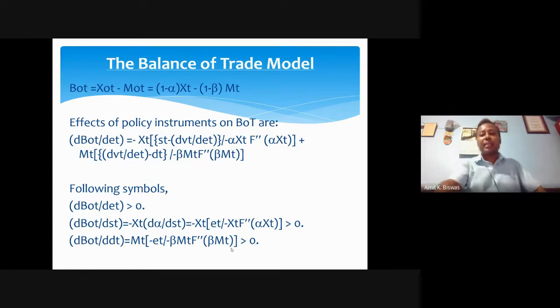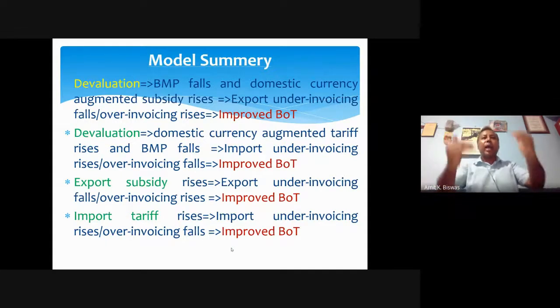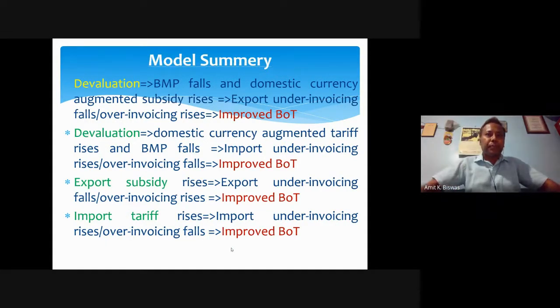So all three aspects. Let's now summarize the results that we have so far. First, devaluation takes place. Black market premium falls. Domestic currency augmented subsidy rises. So export under invoicing falls, or overreporting rises.